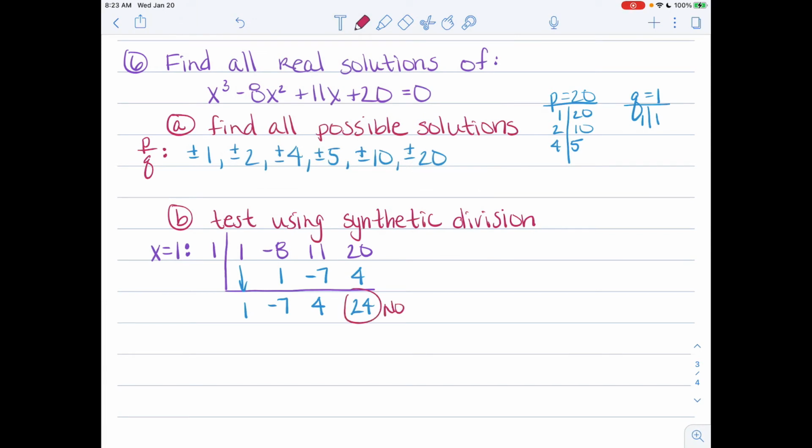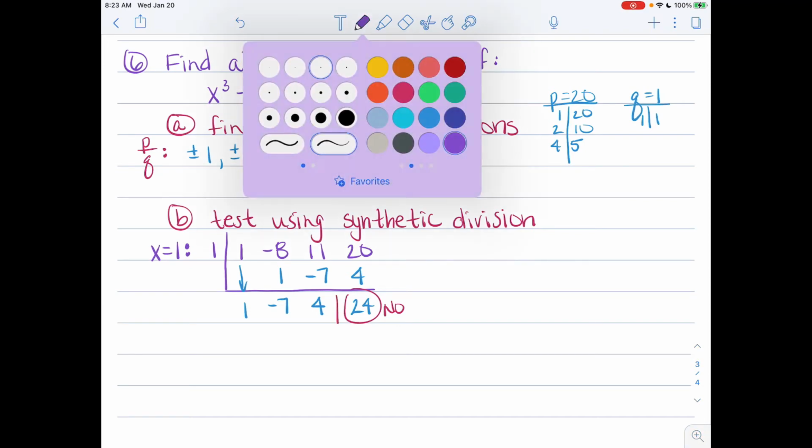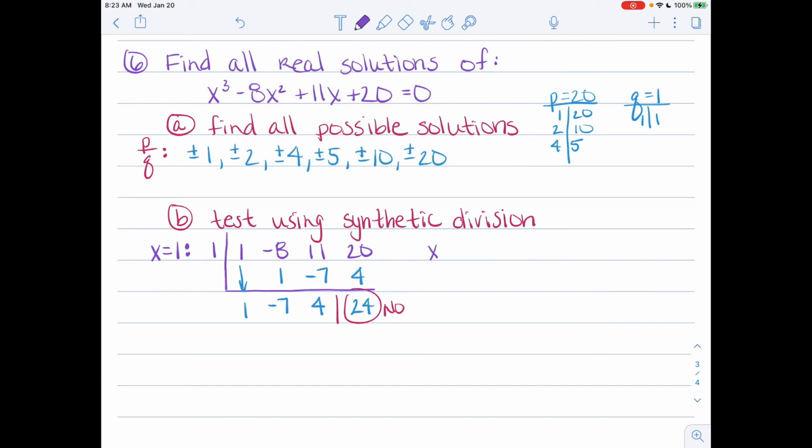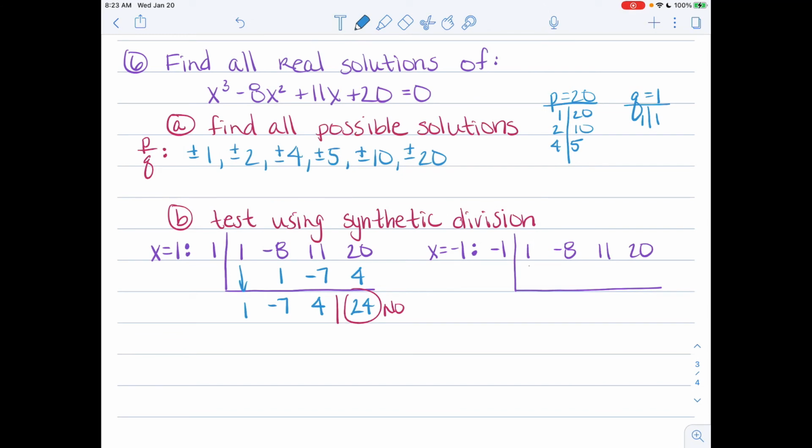And so we have to continue testing additional possible solutions. Well, I've tried 1. Let's go ahead and try x equals negative 1. So now I'm going to take a negative 1 and divide everything. Same coefficients as before, but now I have a negative 1 that I'm going to be dividing by.